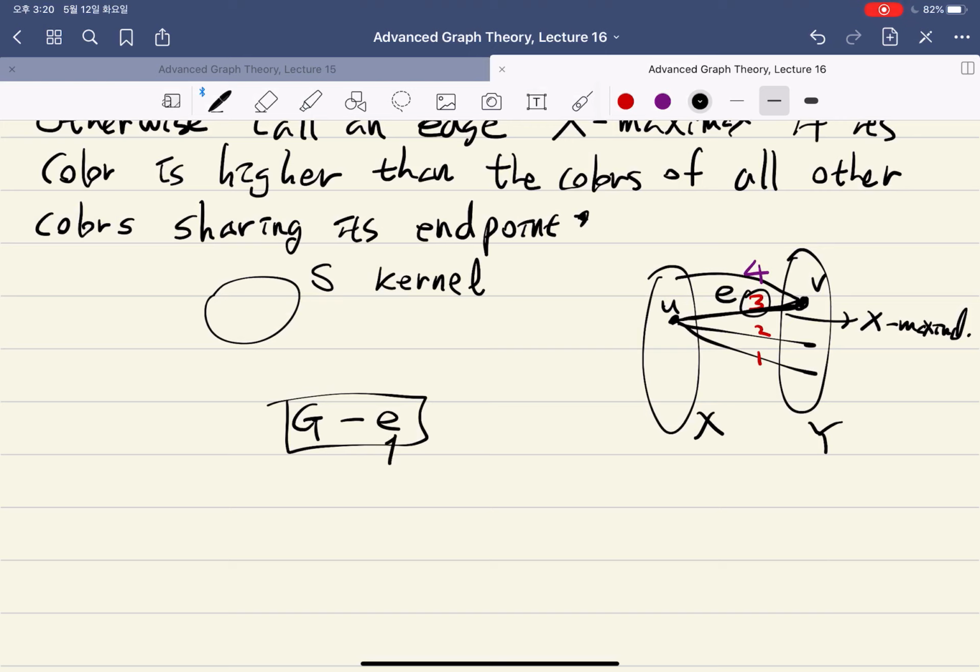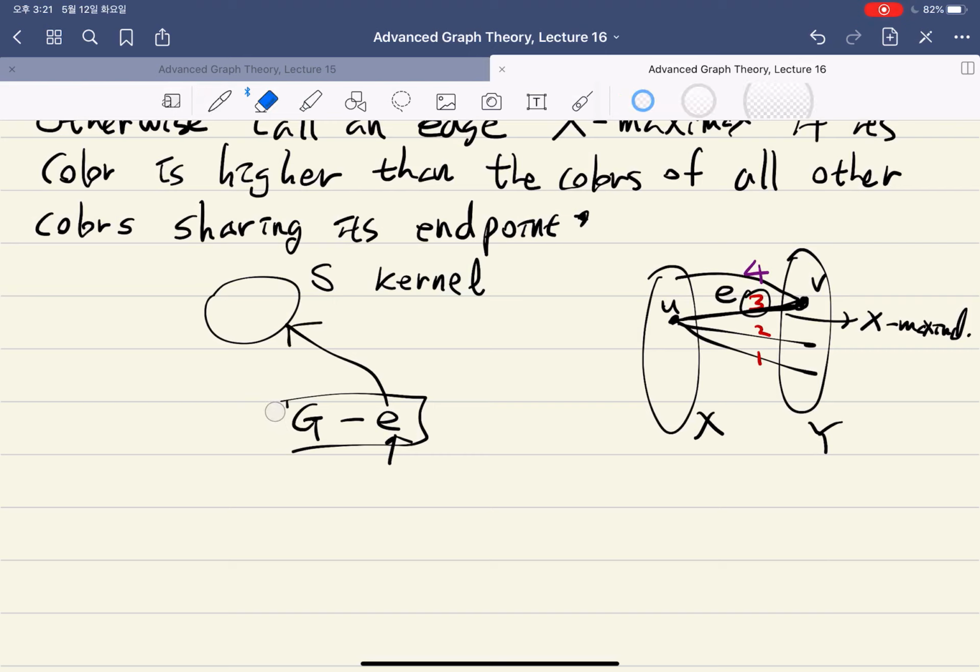Of course, this E has to be selected carefully in advance. Then with that choice, we want to show that this kernel can be somehow extended to the kernel of the entire graph. And somehow we can maybe incorporate this V inside of this S.